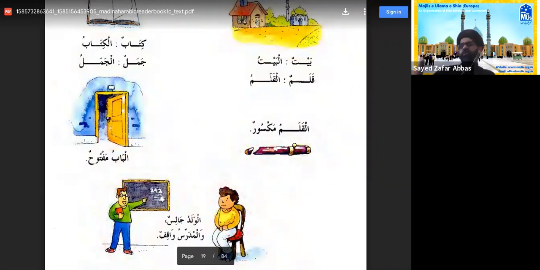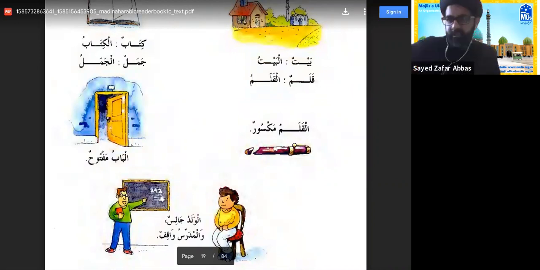So we got some examples here of the sentences or formation of words, of how we use this new information that we learned in this lesson. So Al-Qalamu Maksur. And we got a picture there to help us out. And of course, that's why they put the pictures there so we know what's going on.